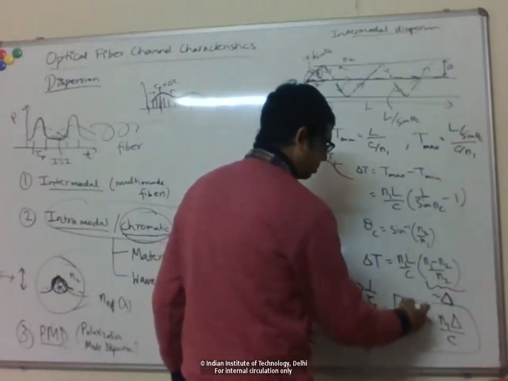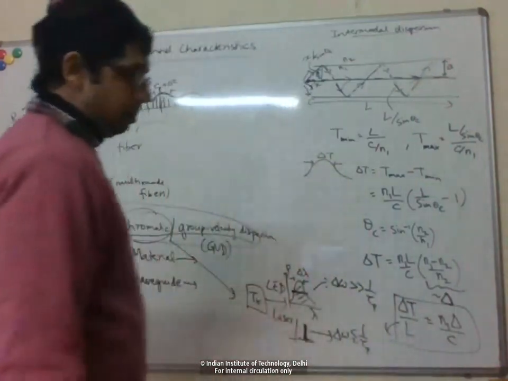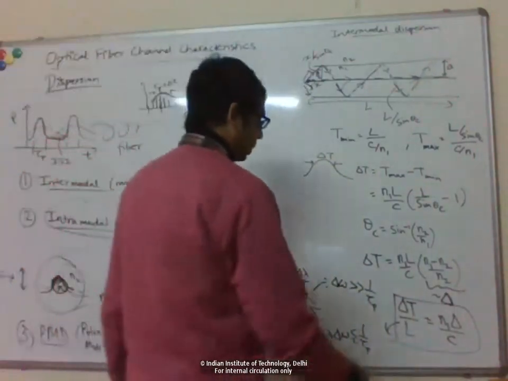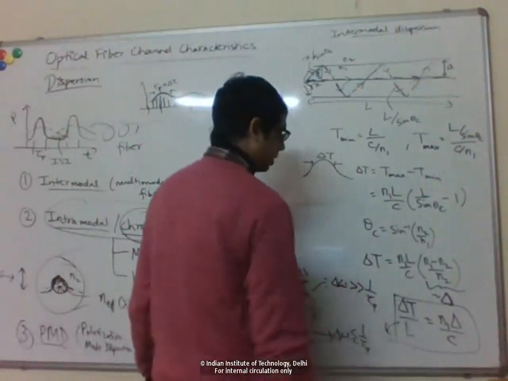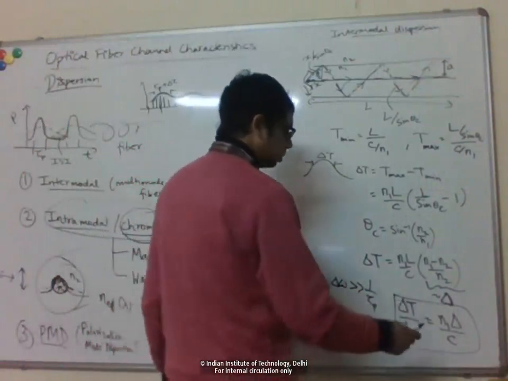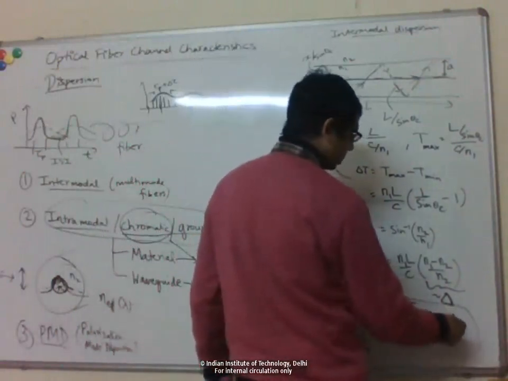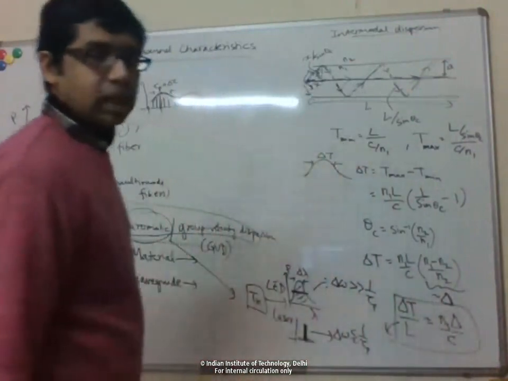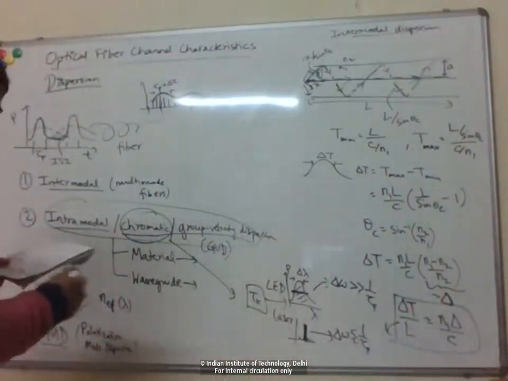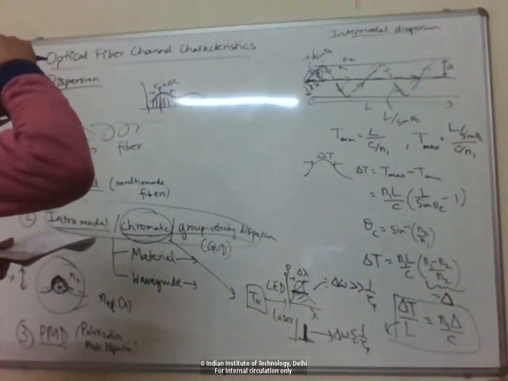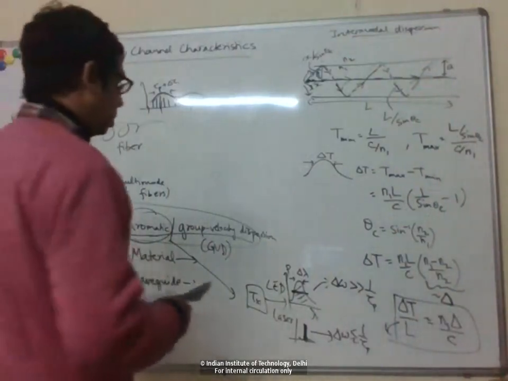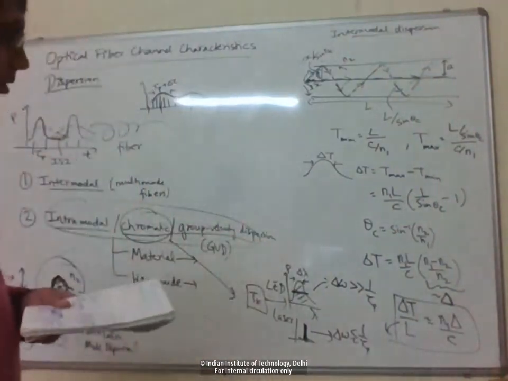Delta T is units of time, seconds, and this is length, so seconds per meter. It directly scales with the index difference delta. So you can directly see why we need a small index difference.